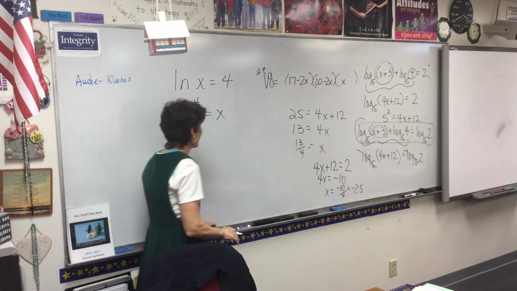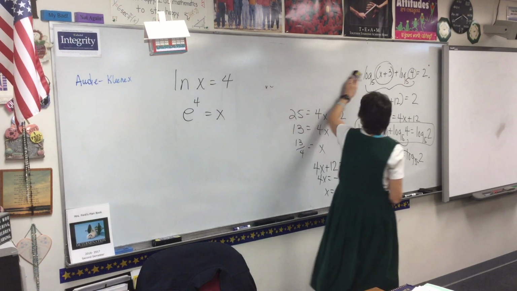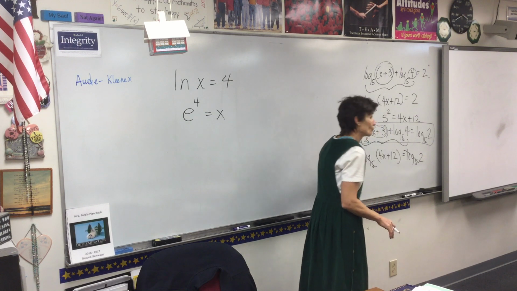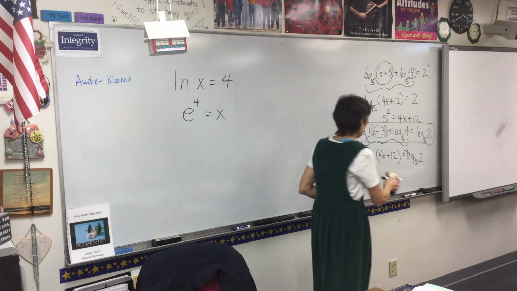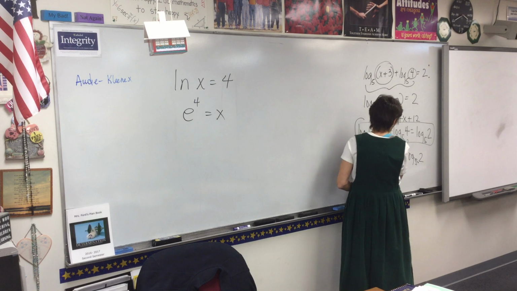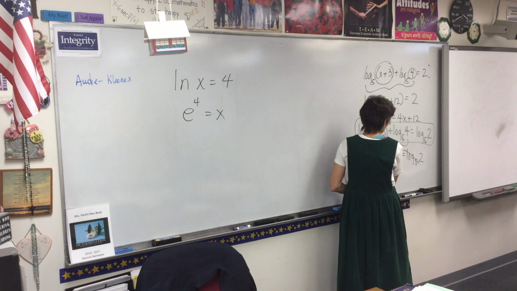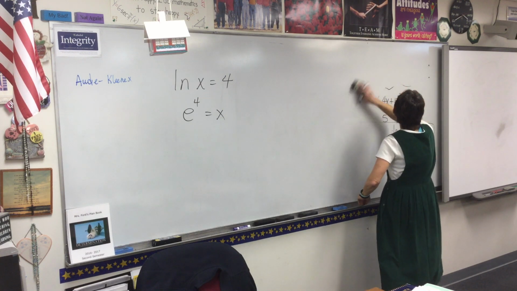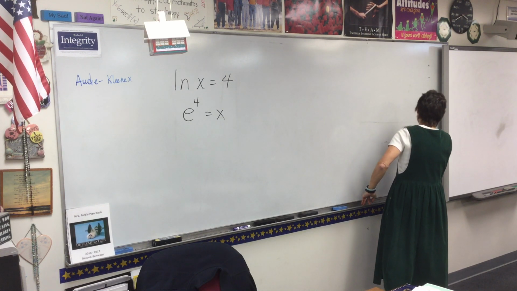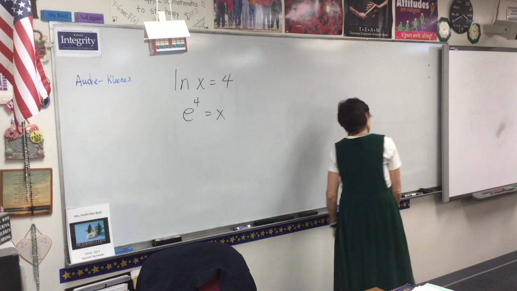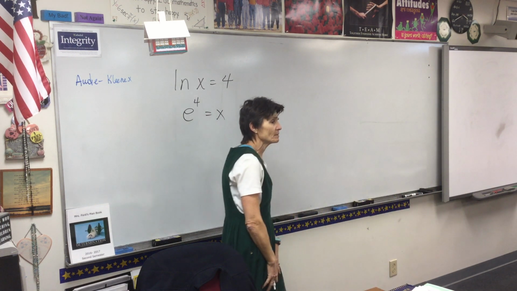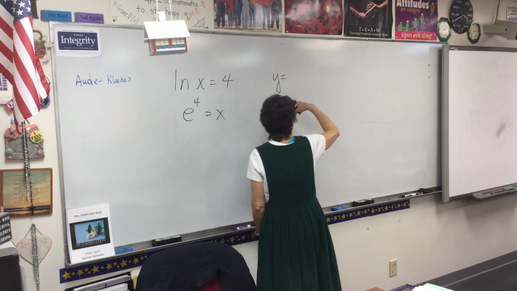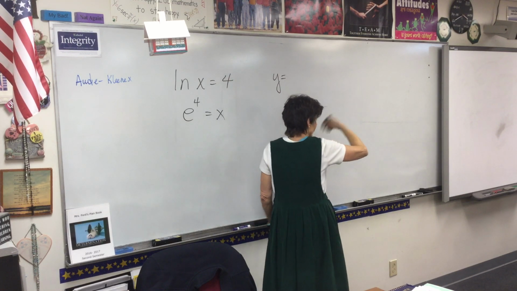All right, what else do we have? Anything else, Marita? On review 2, number 3, it says find the y-intercept of, and it's like y equals 80 over. Yeah, so there are several, I think like 2 or 3 or 4 problems where you have to find the y-intercept. So they can be all kinds of problems. Any equation, you can find the y-intercept for unless it's a vertical line.